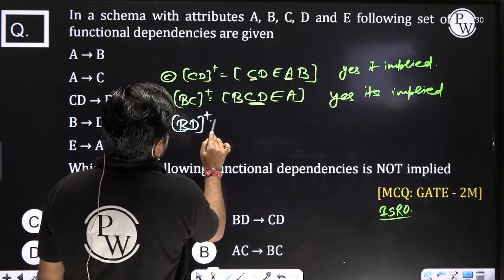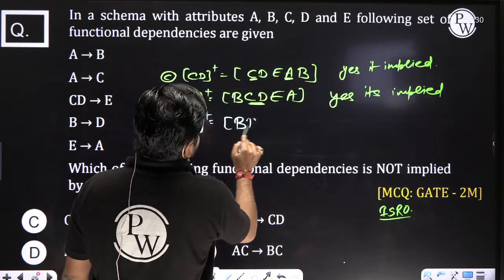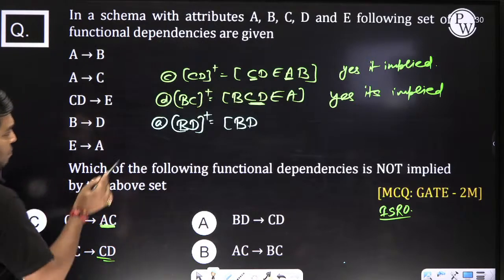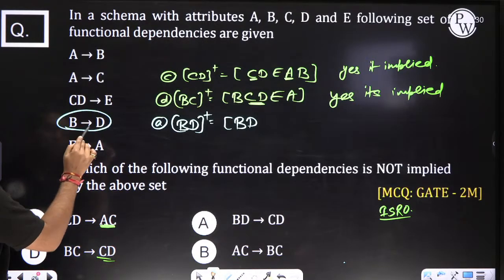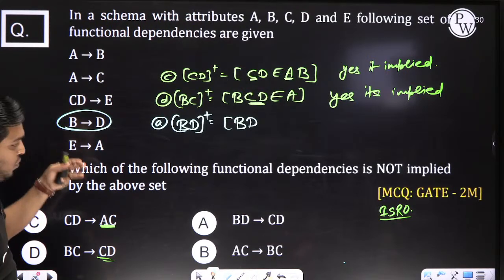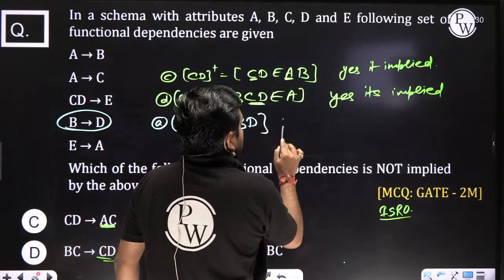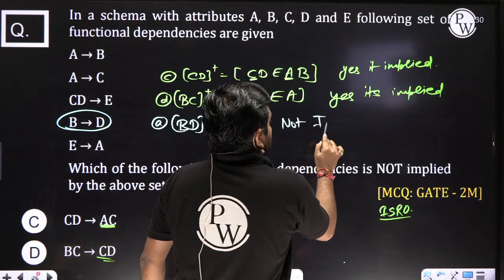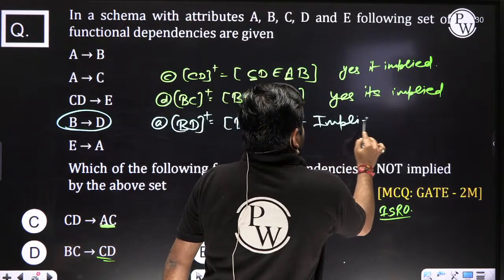Take the closure. First of all, B and D. D closure is B. Anything more? A we can't determine. No, no. Right, not implied.